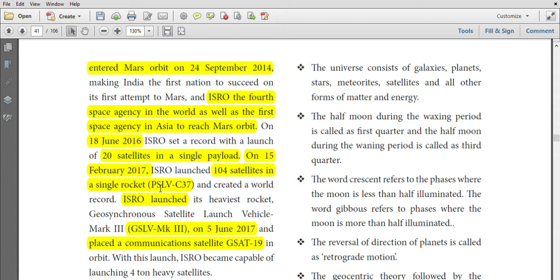It was launched by the rocket PSLV C-37. ISRO launched GSLV Mk3 on 5th June 2017. It placed the communication satellite GSAT-19.